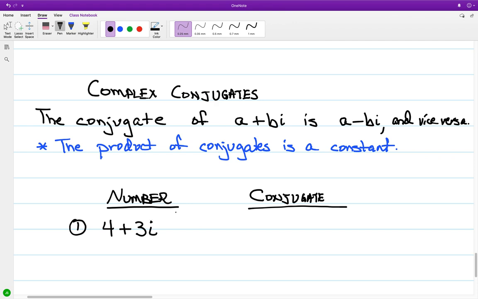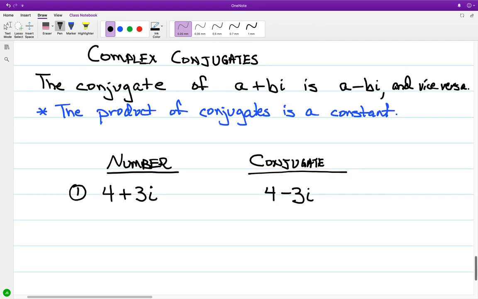Now again, the conjugate of a plus bi is a minus bi, and vice versa. So we have 4 plus 3i, so a is represented by 4, bi is represented by 3i, and for the layout in this one, the conjugate is going to be 4 minus 3i.